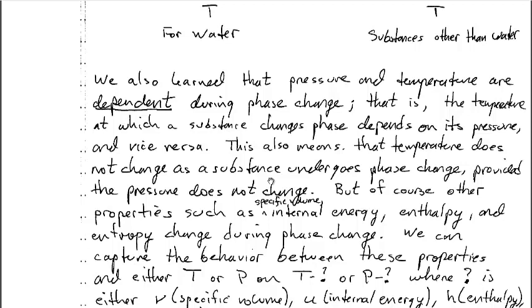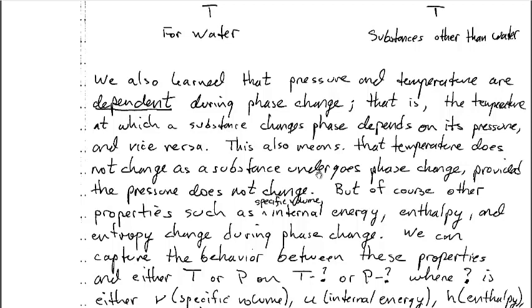Okay, so we've also learned that pressure and temperature are what we call dependent during a phase change. That is, they're dependent properties during a phase change. What that means is that the temperature at which a substance changes phase depends on its pressure, and vice versa. This also means, because the two are dependent, that the temperature and pressure of a substance do not change as it undergoes phase change.